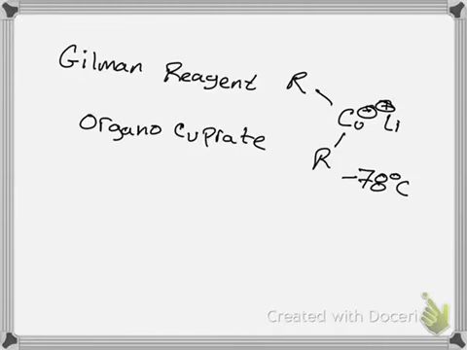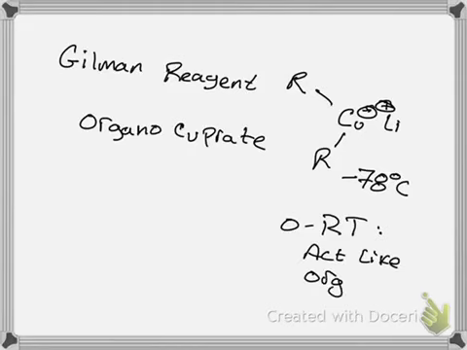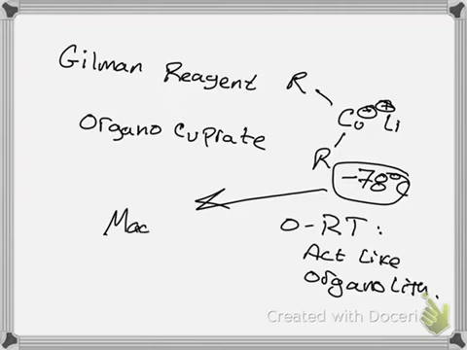If you're above negative 78 and you get up to, say, zero to room temperature, what happens is these act like organolithiums. It's at this negative 78 degrees where we get magic. Now, we're going to look at several different types of Gilman reagents as we go merrily on through these chapters. The one reaction I want to show you now deals with an acid chloride plus one.